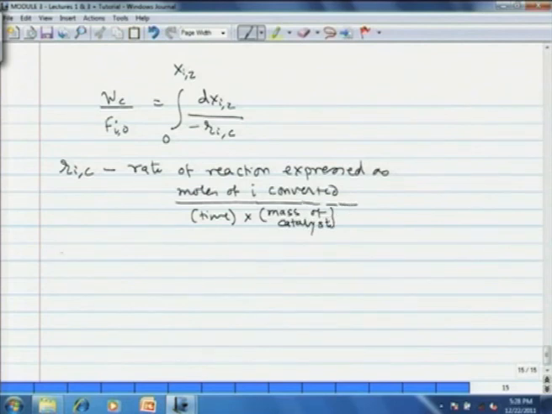Let us see a similar expression for back mix or CSTR type of reactor.